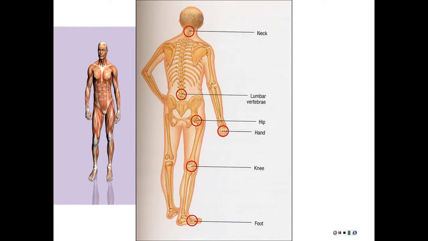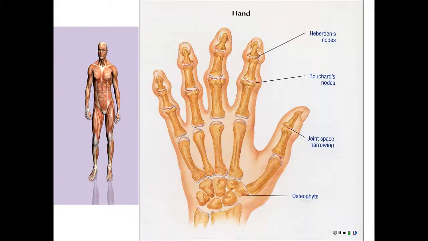Common places are in the neck, lumbar vertebrae, hip, hand, knee, and foot. It tends to be on one side of the body more than both. It at least starts on one side of the body. It might progress to both later on in life. And you realize that you've got Heberden's nodes and Bouchard's nodes.